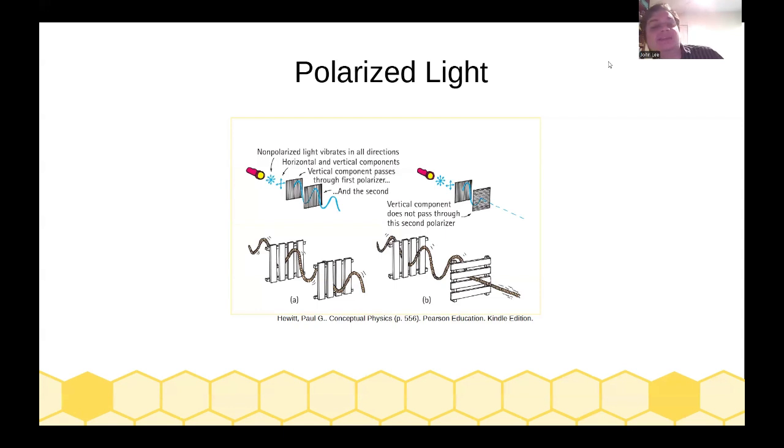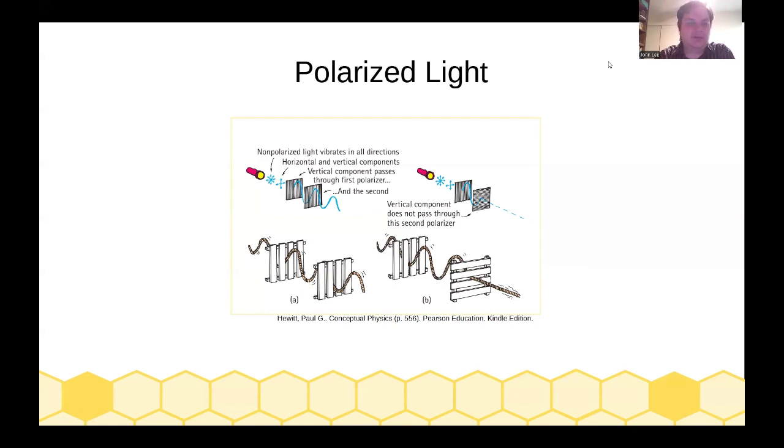However, if you pass it through what's called a polarizer, then it's going to do something like you see in figure A, where only light that is vibrating up and down is going to fit through the slits of your polarizer, and it's going to knock out any vibration that is not going up and down, as you can see in figure A.